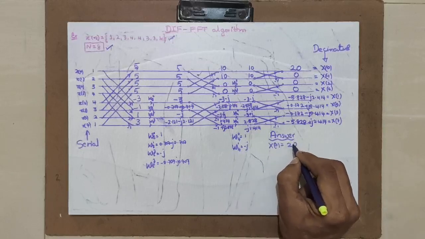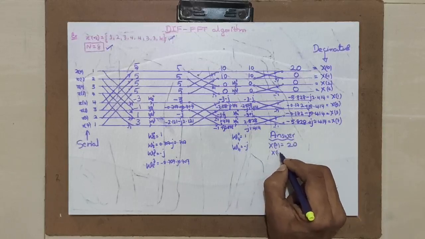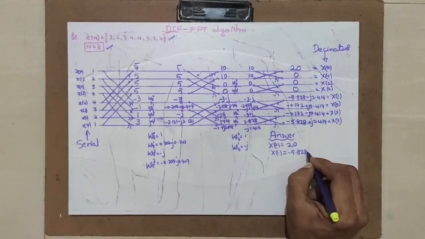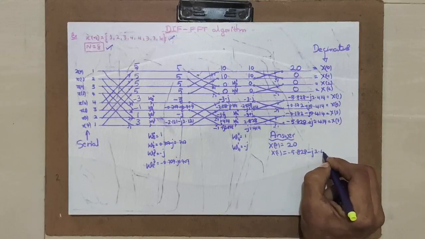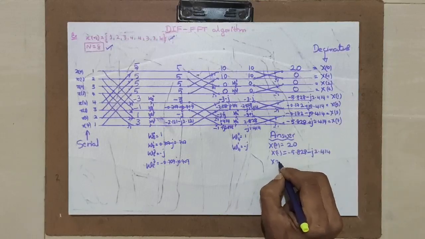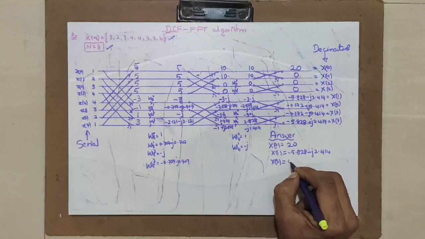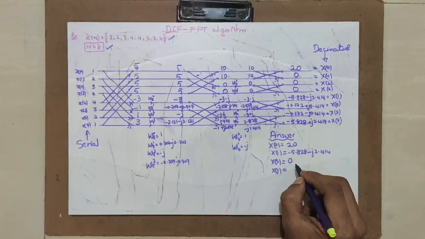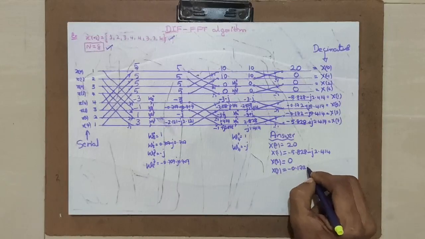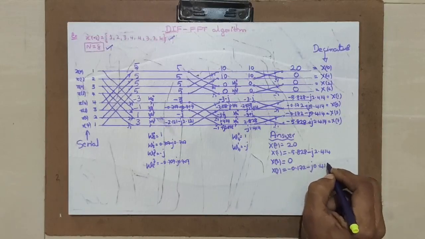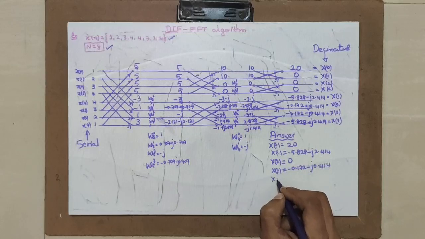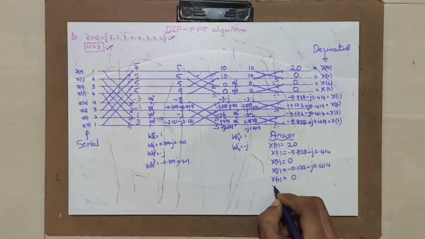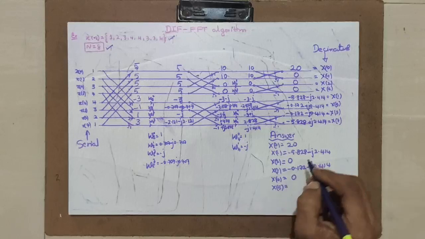x0 is equal to 20. x1 is equal to minus 5.828 minus j 2.414. x2 is 0. x3 is minus 0.172 minus j 0.414. x4 is 0. x5 is x3 conjugate.